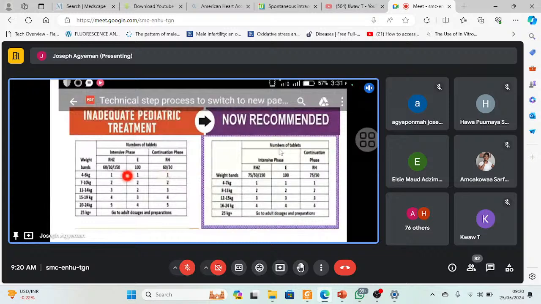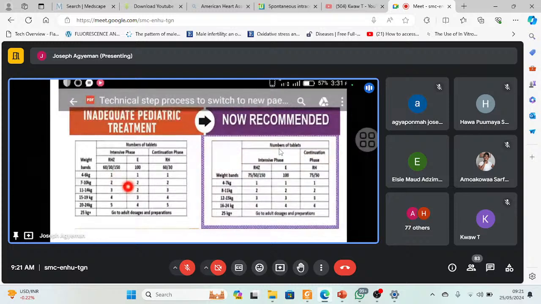So for example, you can see the combination tablet that contains rifampicin, isoniazid, and pyrazinamide. The doses were 60 milligram, 30, and then 150 respectively. So for rifampicin, isoniazid, pyrazinamide, previously, this was the dose or the strength, 60, 30, 150.